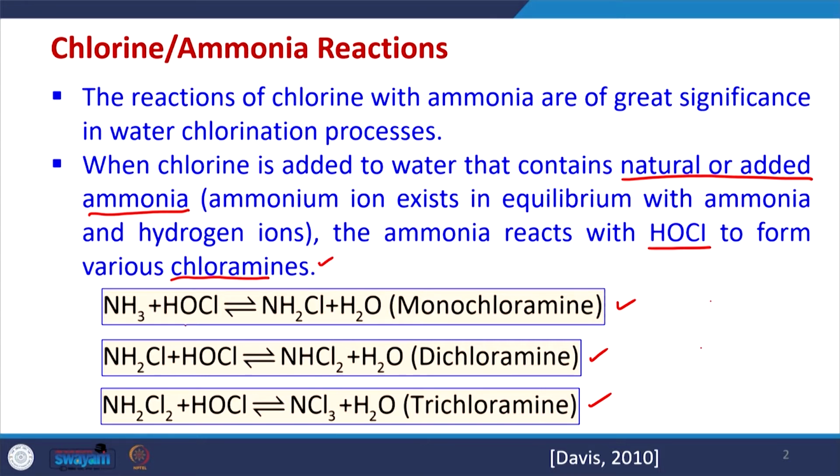Ammonia reacts with HOCl to form monochloramine, plus H2O. Then if more HOCl is present, it will further react with monochloramine to form dichloramine, and if more HOCl is available it will form trichloramine. So these different types of polychloramines may get formed if ammonia is present in the water.